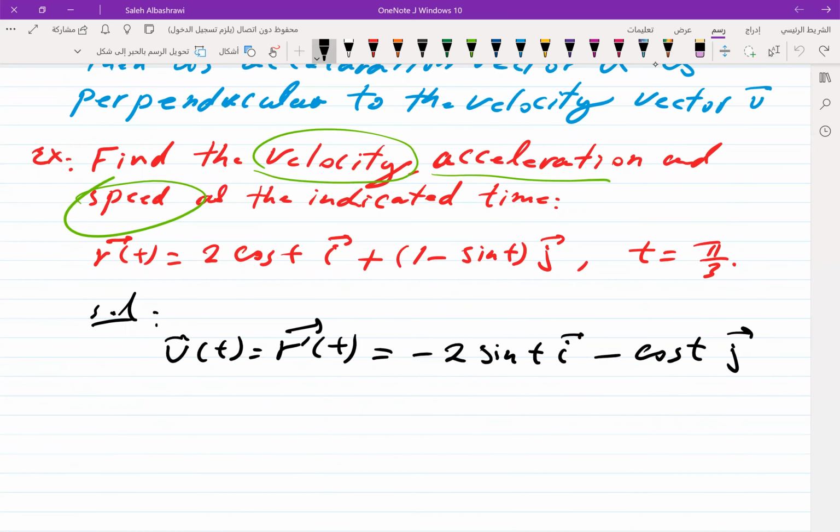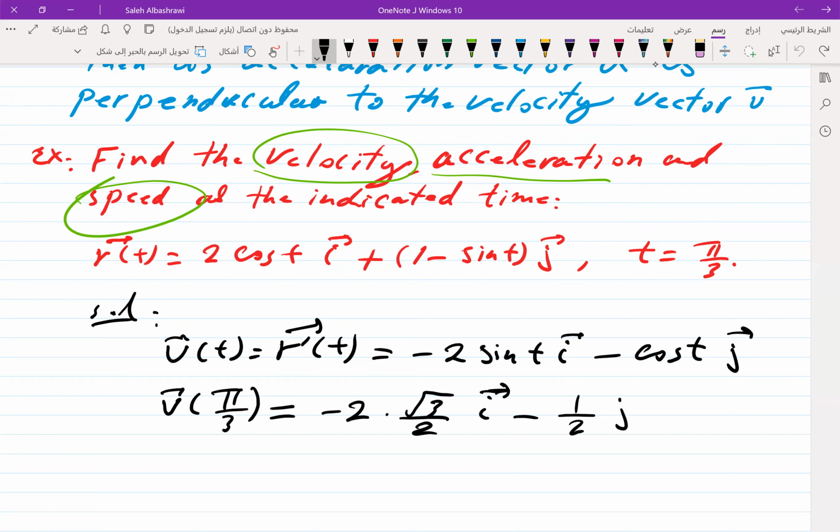So v at pi over 3 is equal to minus 2 sine pi over 3, which is square root of 3 divided by 2, i, minus cosine of pi over 3, equal to minus 1/2, j.